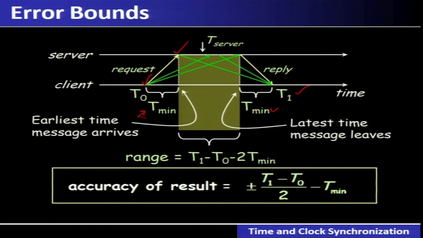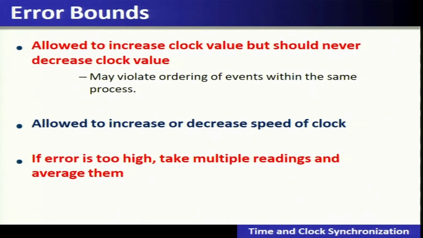Therefore, the time elapsed at the server is t1 minus t0 minus 2 t min, considering that the one way latency is t min in this case. So, the inaccuracy of the result is t1 minus t0 divided by 2 minus t min, and that is all bounded.